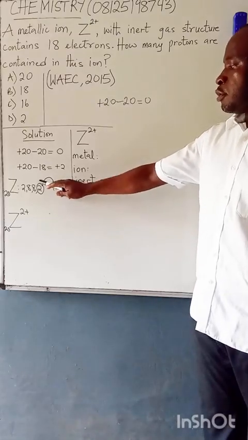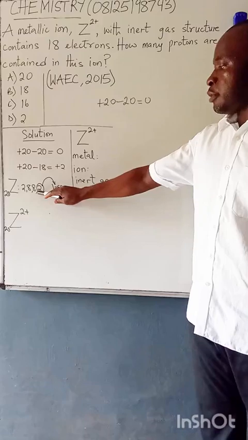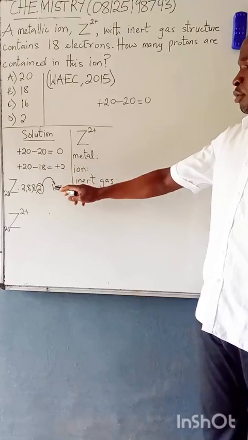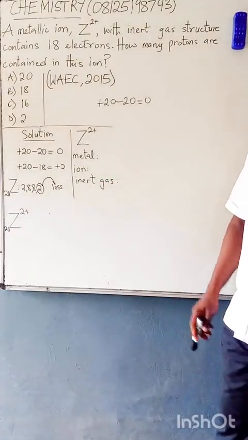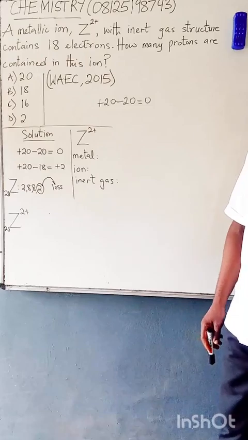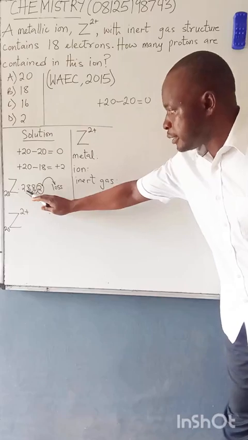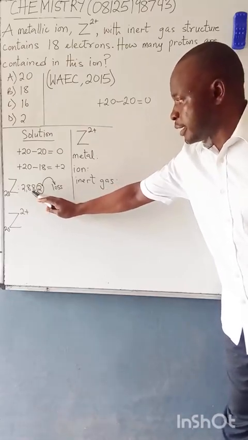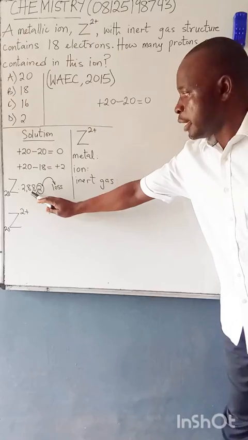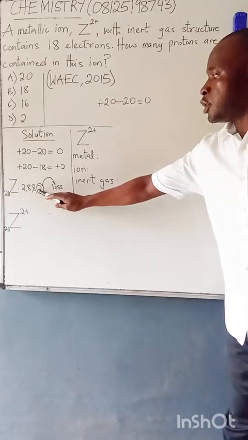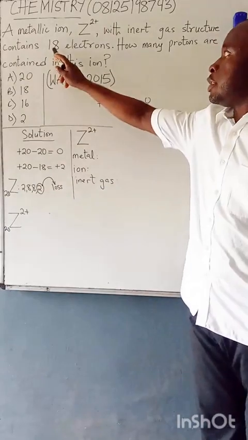The 2 electrons in the outermost shell will be lost. How many electrons will it have remaining? 2 plus 8, that's 10, plus 8 again, 18. That's the 18 they told us here.